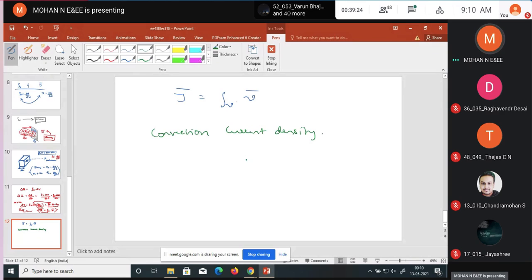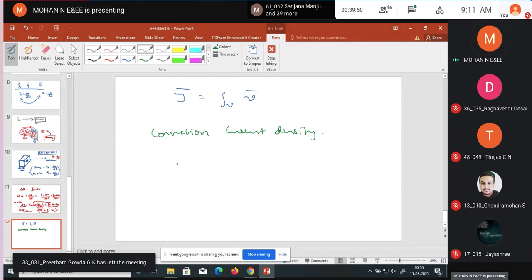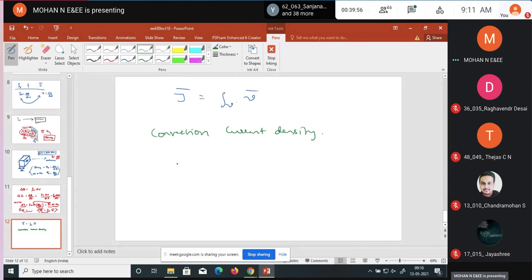Okay, so by now what have we discussed? We have discussed what is electric current, what is instantaneous current, what is steady state current, what is current density, and the relationship between the current, the current density and the charge density. So the convection current density is linearly proportional to the charge density and the velocity with which the charge is transferred.